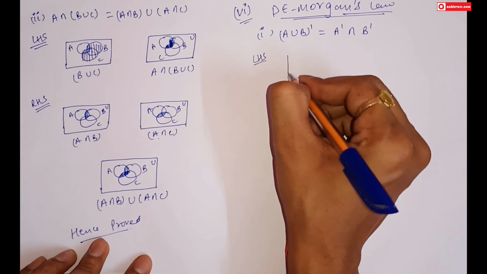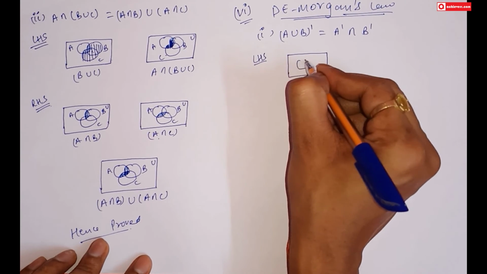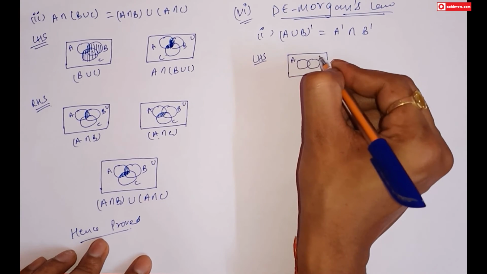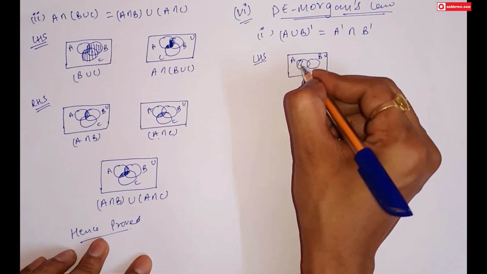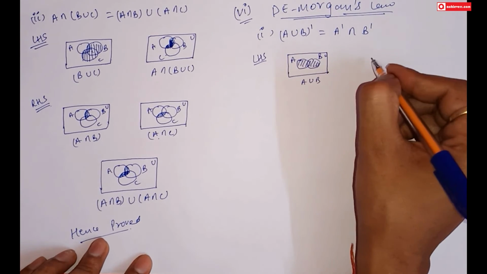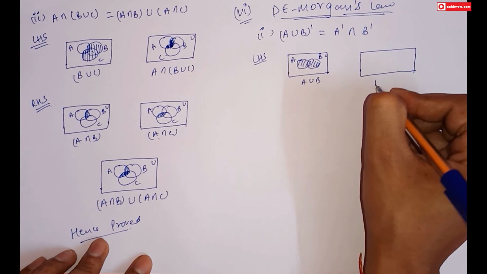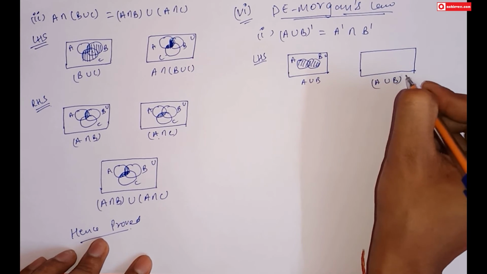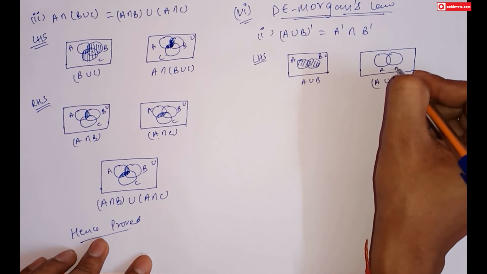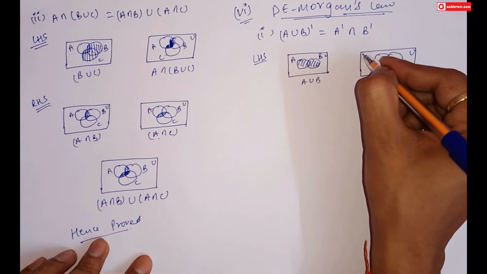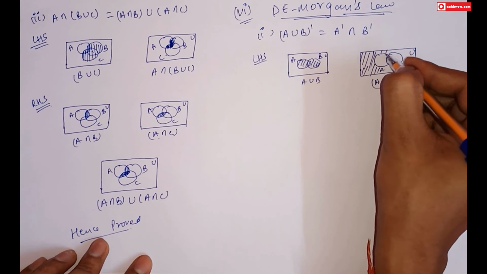What is A union B? Suppose we have two sets A and B. So A union B will be this one. And what is (A union B) complement? It is this part.